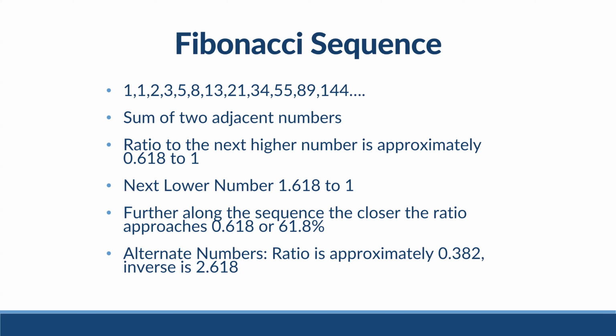Those are the inverses. Now the ratios we trade are the 23.6 and the 0.382. These are all levels within that retracement, as well as the 61.8, which I use as a percentage, or 78.6. So that's just the math, how it works.